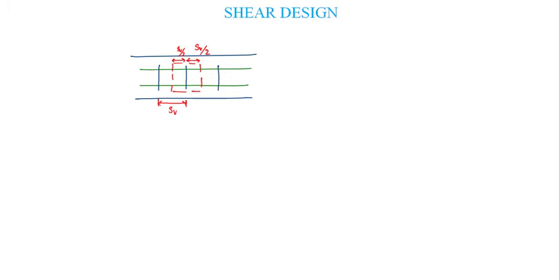So our considered section is like this, having SV by 2 and SV by 2 on both sides. This total will be SV, and our reinforcement, that is stirrup, is here in the middle.